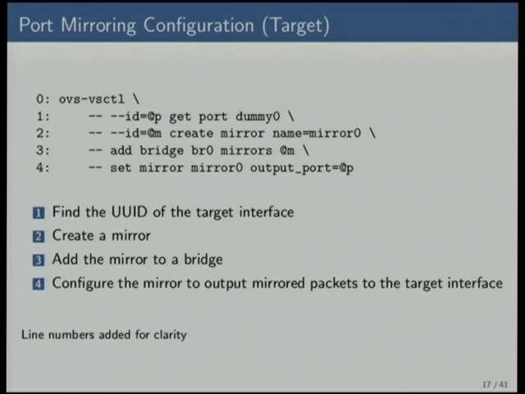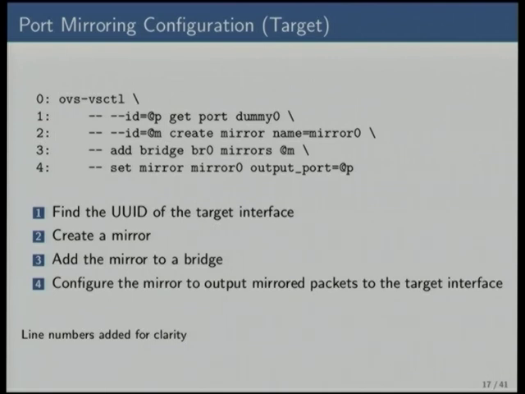Okay, I gotta explain this syntax a little bit because it's a little bit special. Firstly, the double dashes allow you to string multiple control commands together in a single invocation of the tool. So each line here, other than the first line, corresponds to a separate command. That's thing number one to know. Thing number two to know is this bizarre notation here with the @ sign and the P, and it's over here too. What is this?